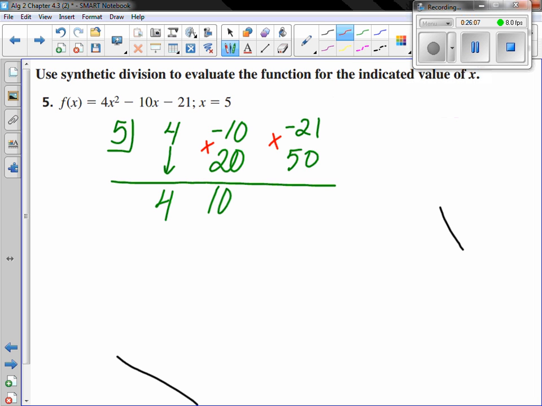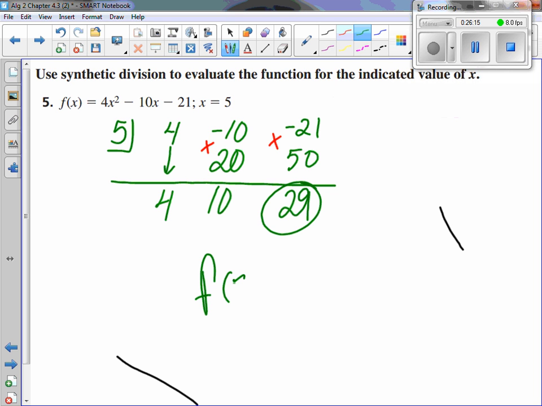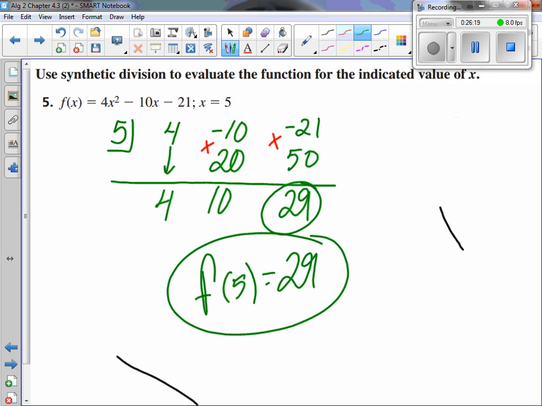Add these together, and we would get 29. So f of 5 is 29. So if I plug 5 into the function, I would get 29. Questions on this here?